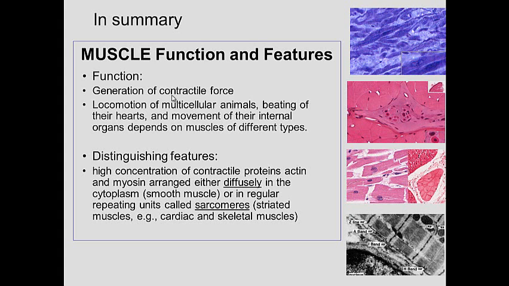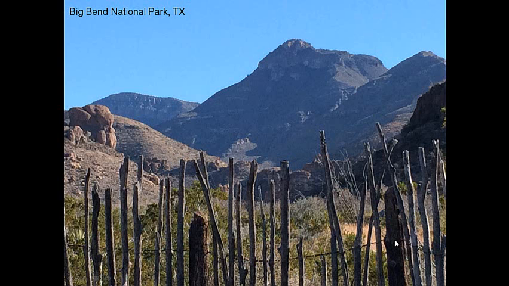In the case of striated muscle, that makes sarcomeres, or the actin and myosin may be diffusely arranged as in smooth muscle. So we see smooth muscle cells, individual cells here. We see skeletal muscle cells, cardiac muscle cells, the Purkinje fibers, and this is a transverse tubule on the Z line. This has got to be cardiac muscle.